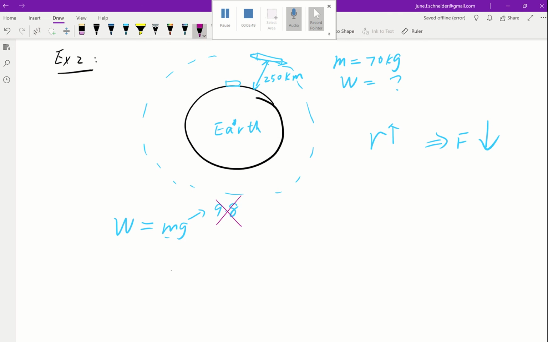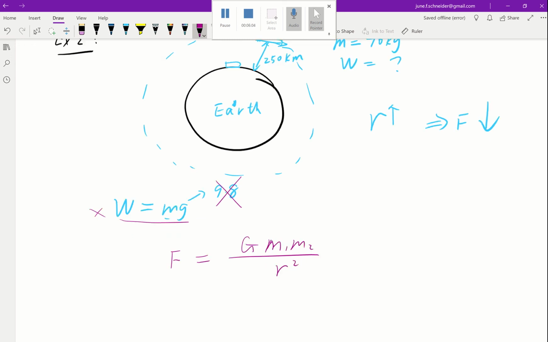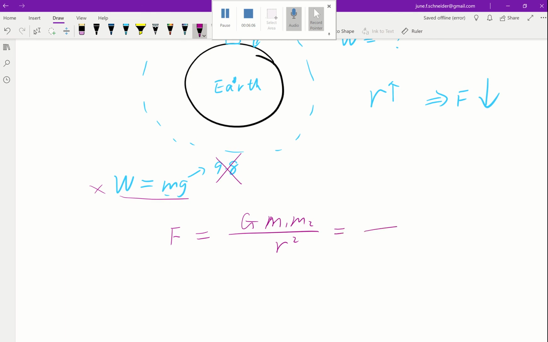So that's where we're going. We go back to this original equation. We realize this doesn't work anymore for this problem because it's not on the surface of the Earth. So we're going to use this original equation. Let's go back to our g. G is a constant. We don't need to remember this one, I'm just copying it down. And the mass of the Earth is also a constant.